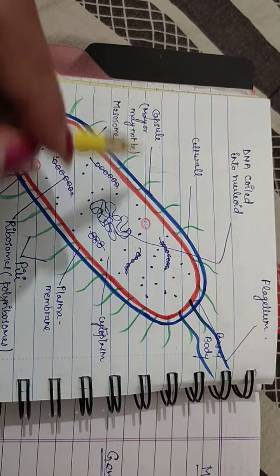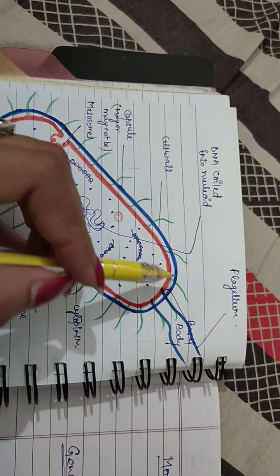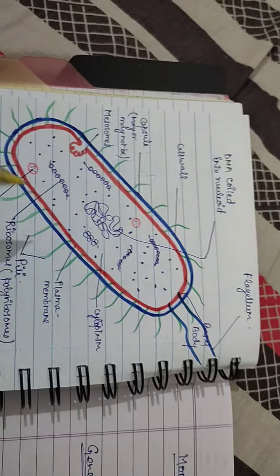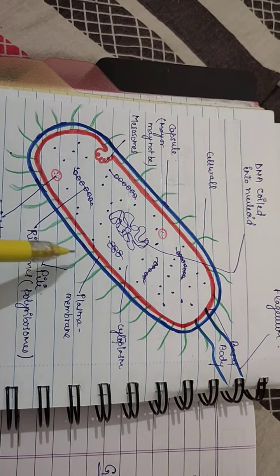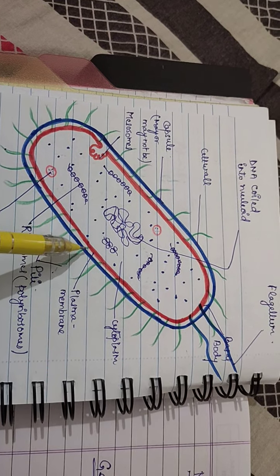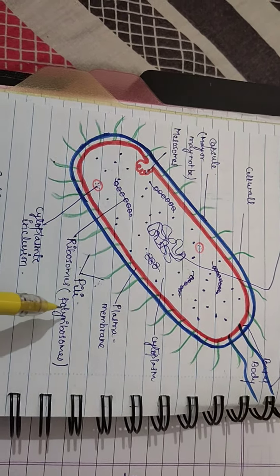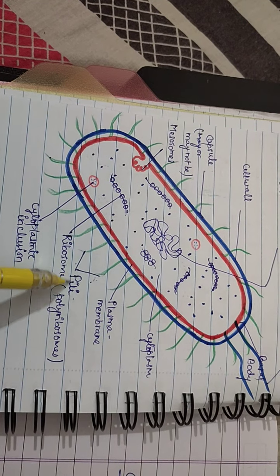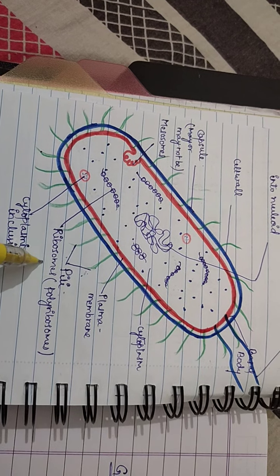So here you see that this is flagellum, then full of cytoplasm, plasma membrane. There are some flagella-like structures, but they are not flagella. Some hair-like structures which are known as pili, and then ribosomes.